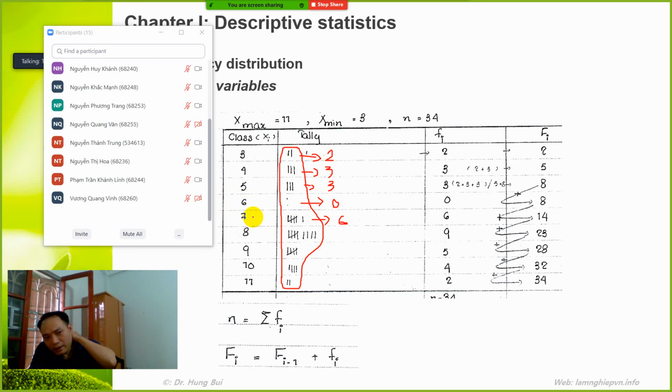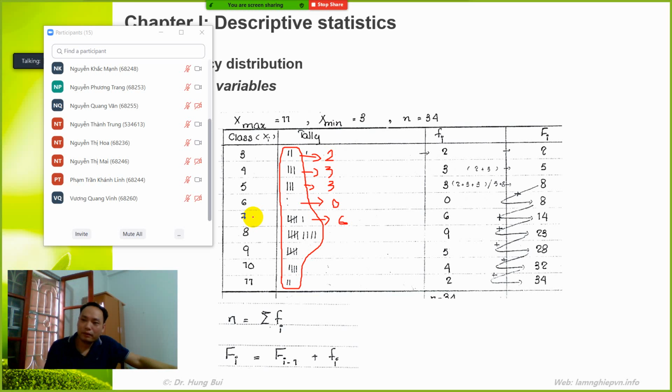So how about the results? I'm asking you, all of you, compare the result with my results. So they are same or they are different? Guys, okay, very good. So is there any people whose results are different from my results? Anyone? No?